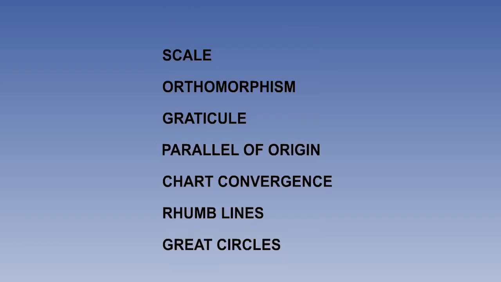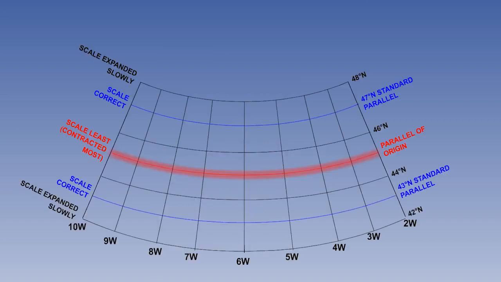The parallel of origin has one important property. It defines the chart convergence. Remember, the chart convergence factor, or n factor, is the sine of the parallel of origin. It is also halfway between the two standard parallels. This fact can be useful in solving problems. If you are given the two standard parallels, you can work out the n factor for yourself.